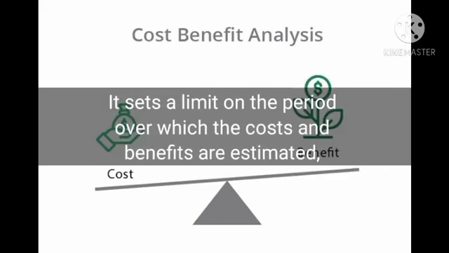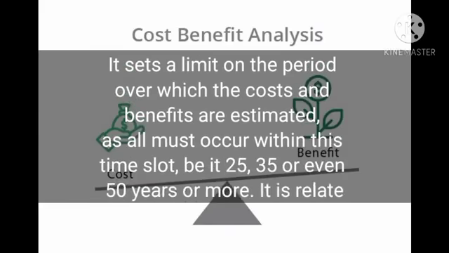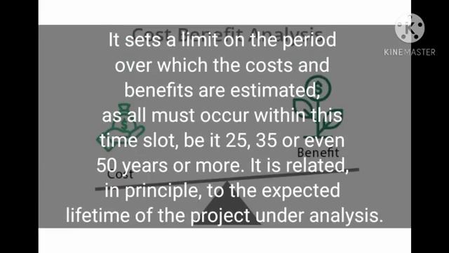It sets a limit on the period over which the cost and benefits are estimated, as all must occur within this time slot, like 25, 35, or over 50 years and more. It is related in principle to the expected lifetime of the project under analysis.